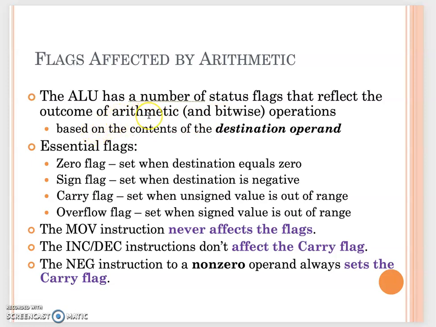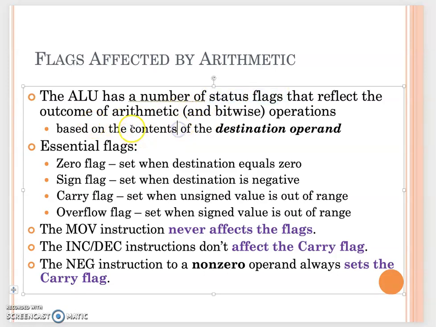Remember, sometimes we have a destination operand or source operand. After we finish the instruction, it will update the destination operand value. That's why the status flag follows the value or contents of the destination operand, and responds accordingly.